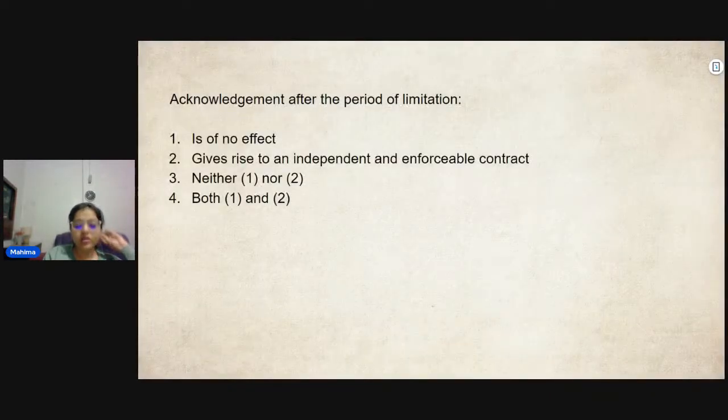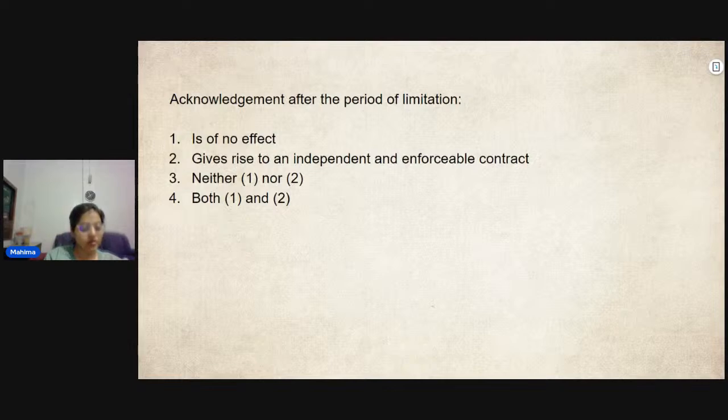Acknowledgement after the period of limitation is of no effect, gives rise to an independent and enforceable contract, neither one nor two, both 1 and 2. Pritika is saying 1.